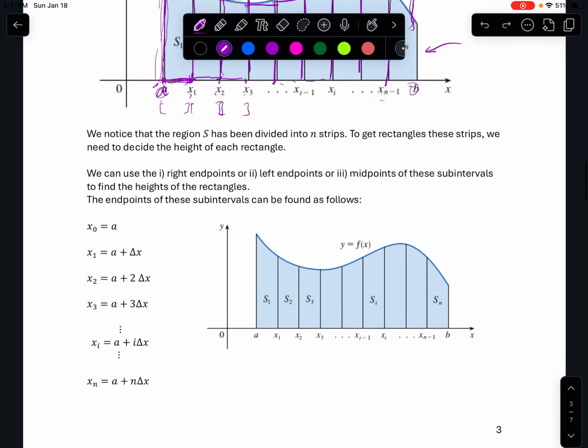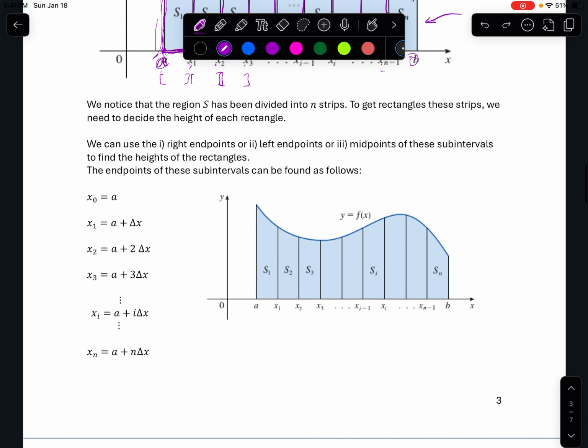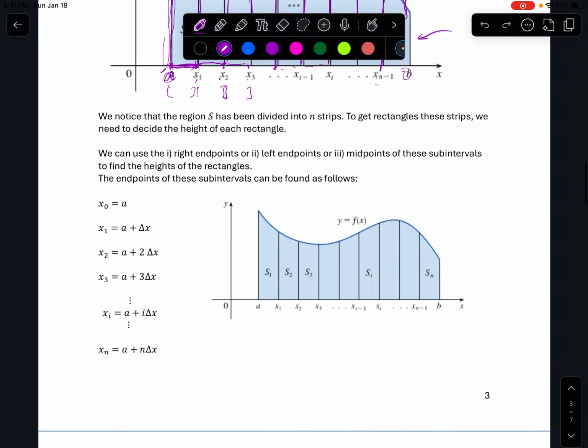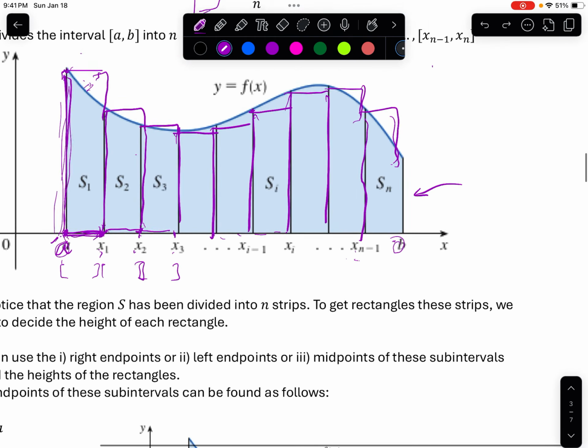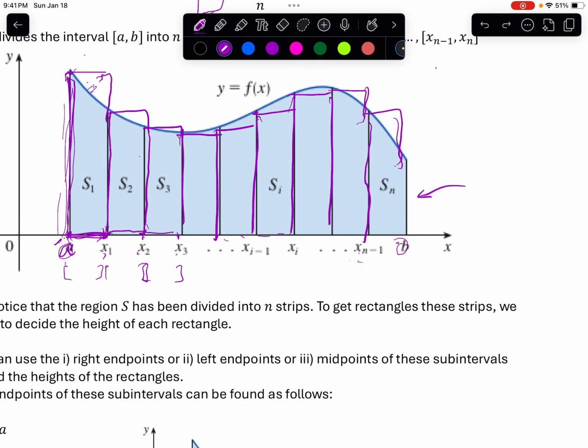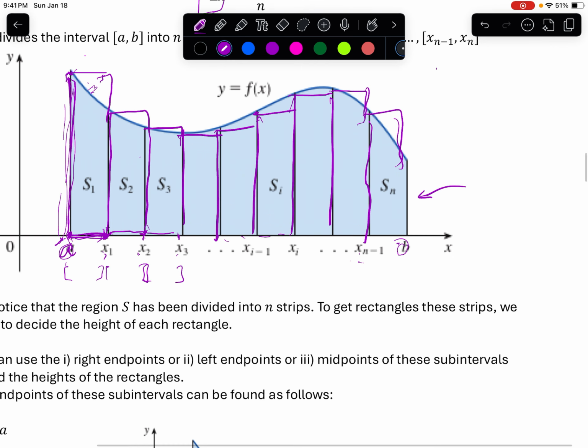Okay. As I just showed you, there are commonly three ways we pick the height. We can use the left hand points of the intervals, or the right hand points of the intervals, or the midpoint. Could we pick any point?